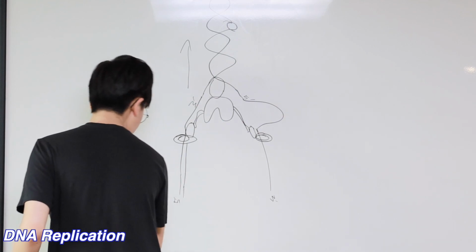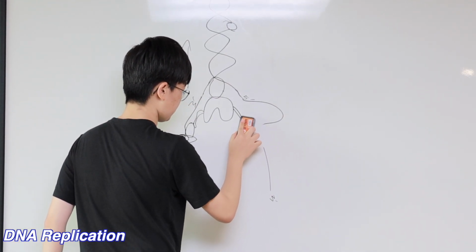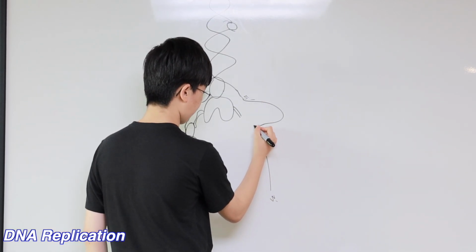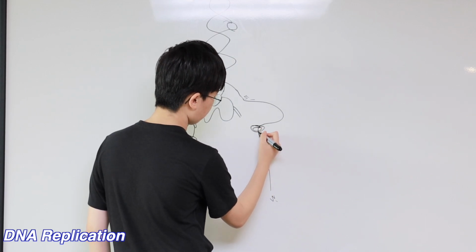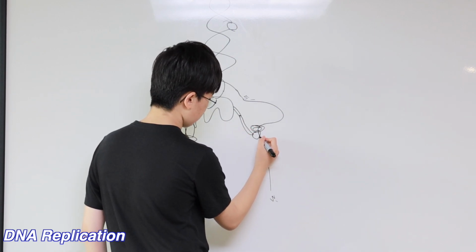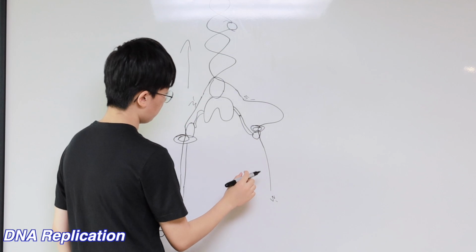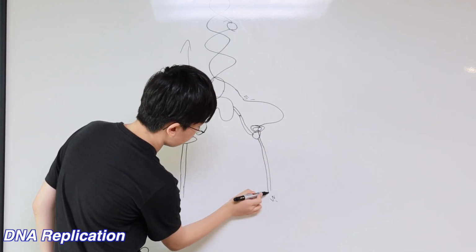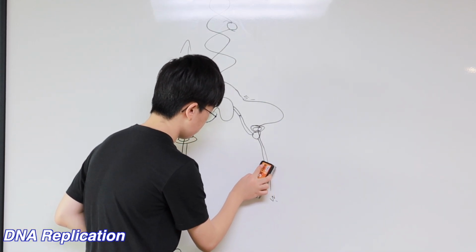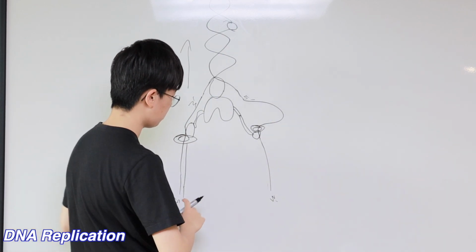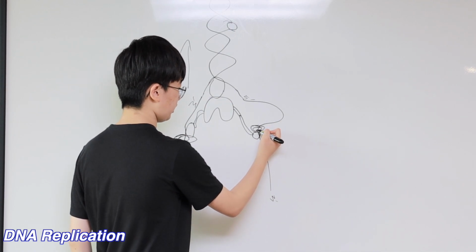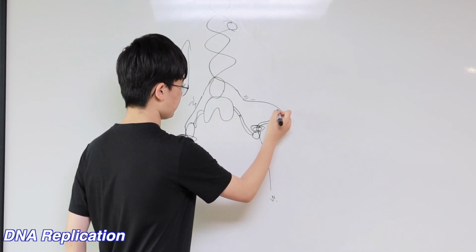Oh wait, I drew the polymerase and the sliding clamp protein on the wrong side. So over here is the sliding clamp protein and the polymerase over here like that. Over here, the newly made DNA strand like that.